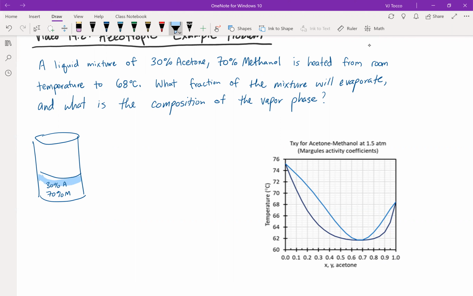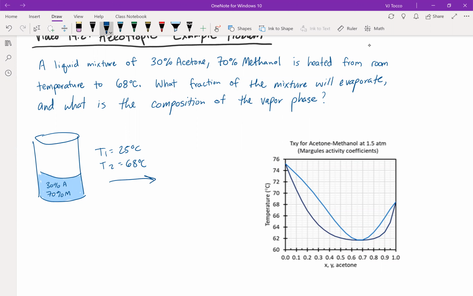And I'll shade it so that it looks like a liquid. All right, awesome. So it's starting at room temperature, and we're going to heat this up to 68 degrees C. So T1, 25 C, T2, 68 degrees C.